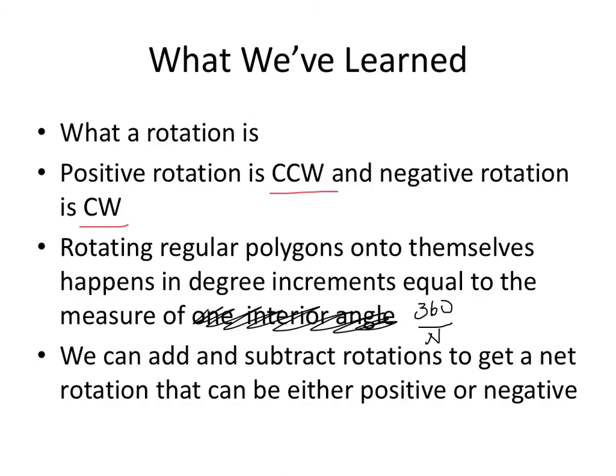So if our figure has 4 sides, we would divide by 4. If it has 7 sides, we would divide 360 by 7, and that gets us the degree increments that we can rotate. And we can also add and subtract rotations to get a net rotation, and that rotation can be either positive or negative, okay?